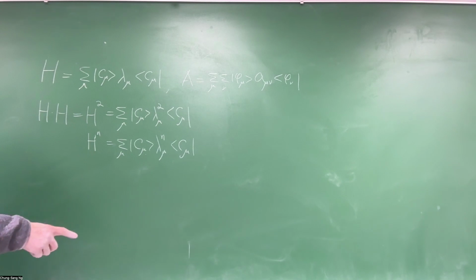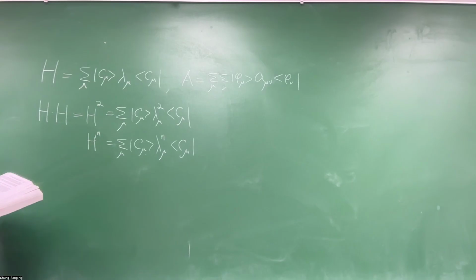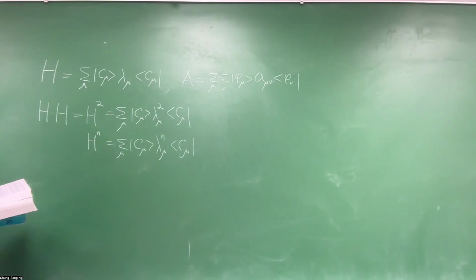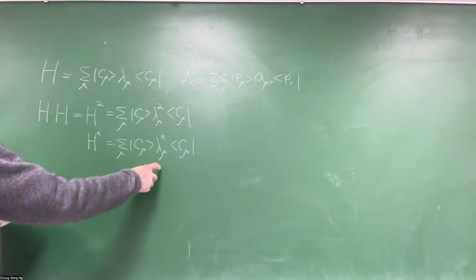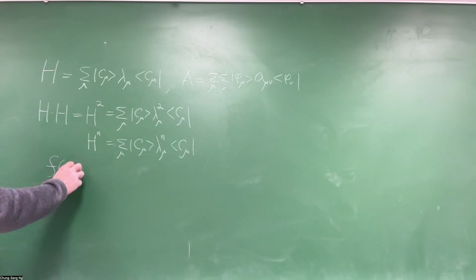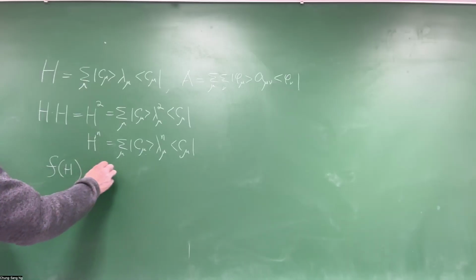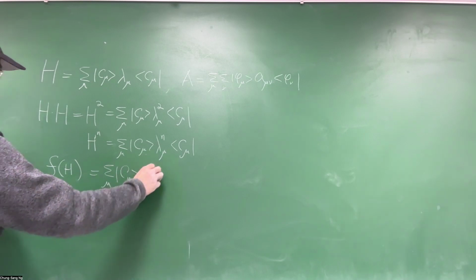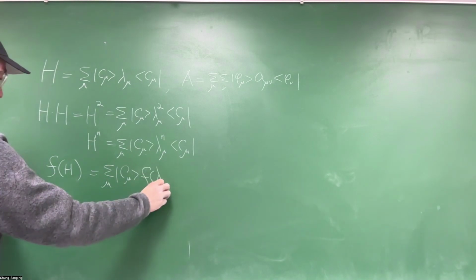Each time you operate on one of these eigenvectors, you pull out the eigenvalue lambda mu, and after n times you pull out lambda mu to the power n. Formally, any function of this operator which has a power series expansion you can write as the sum over mu of f of lambda mu.